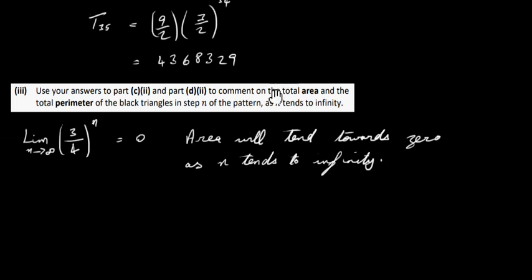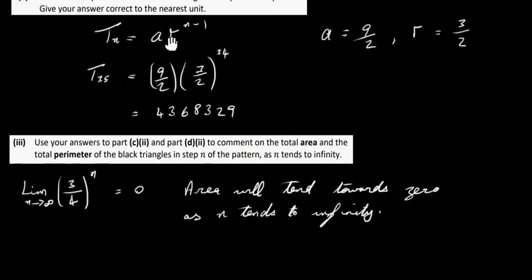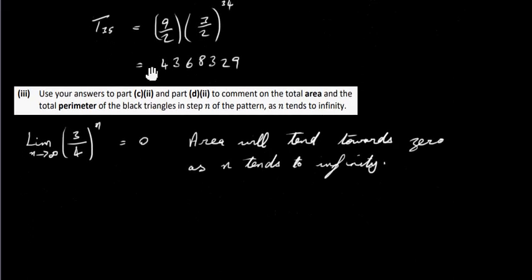Now, looking at part D2, which is this part here, what we've got here is 9 over 2, our first term, and then we have 3 over 2, which is an improper fraction, a top-heavy fraction, to the power of n.